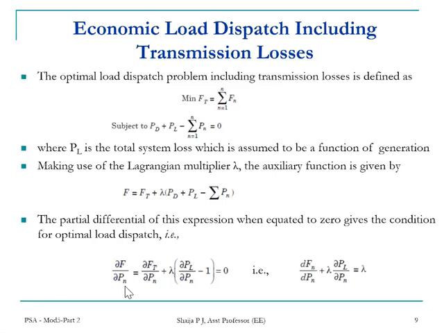So this equation will be ∂f/∂Pn, that is ∂Ft/∂Pn, plus lambda into (∂PL/∂Pn minus 1) equal to 0. And this can again be written as dFn/dPn plus lambda into ∂PL/∂Pn, which is equal to lambda.